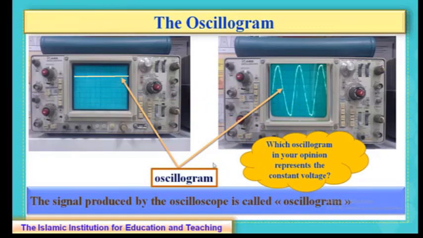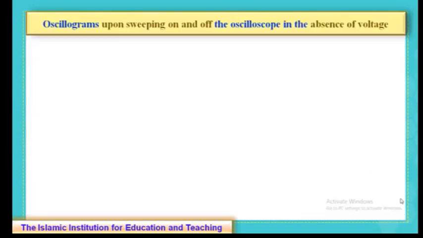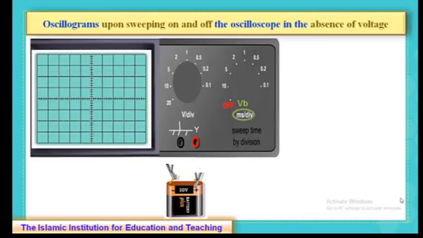I guess you say the first one, because it represents a constant line, unlike the second one which has so many ups and downs. In the absence of the voltage and when the sweeping is off, or when the VB button is adjusted on the zero level, a luminous spot is observed at the center of the screen.